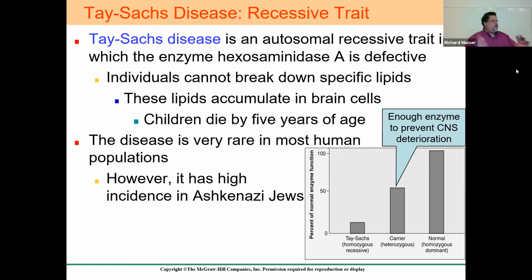So it's heavily selected out of our population, because those people don't go on to breed, right? So those types of recessive diseases tend to be selected out of our population. Darwinian natural selection selects them out. However, there are some populations that do have higher amounts of it than others.